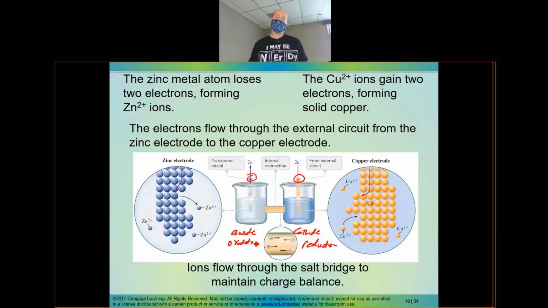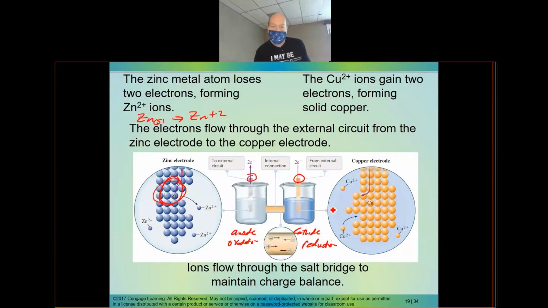So if we look at this reaction and we see that our zinc is at the anode side, it is doing the oxidation. So we have zinc solid metal going to zinc plus 2. What's happening, as they're showing in this picture, is you have solid zinc on your electrode, and that solid zinc is going into ions, into solution. You have an atom of zinc going into a zinc plus 2 in solution.